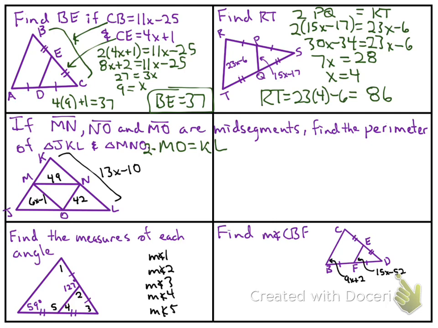I don't want to take half of the longer side. So that's 2 times 6x minus 1 equals 13x minus 10. 12x minus 2 is what we have on the right side, equals 13x minus 10. Subtract 12x over and then add the 10 over, we get 8 equals x.